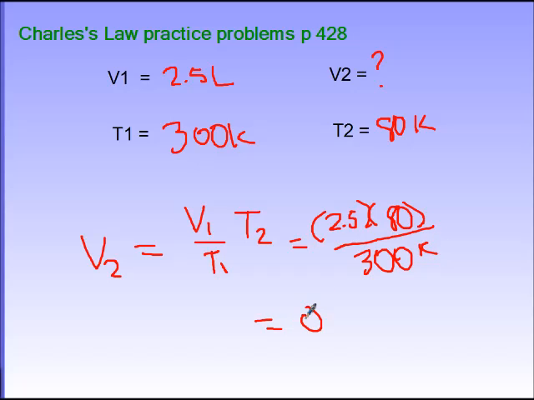And I get the answer is 0.67 liters is what the volume 2 is when I'm done. And it makes sense. Volume went from 2.5 down to 0.67. My temperature went down drastically also.